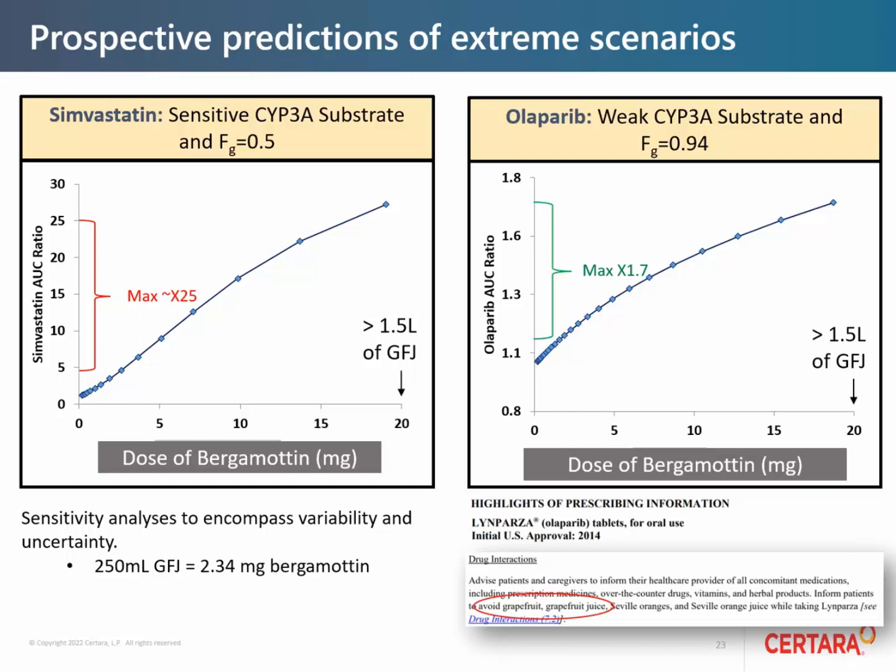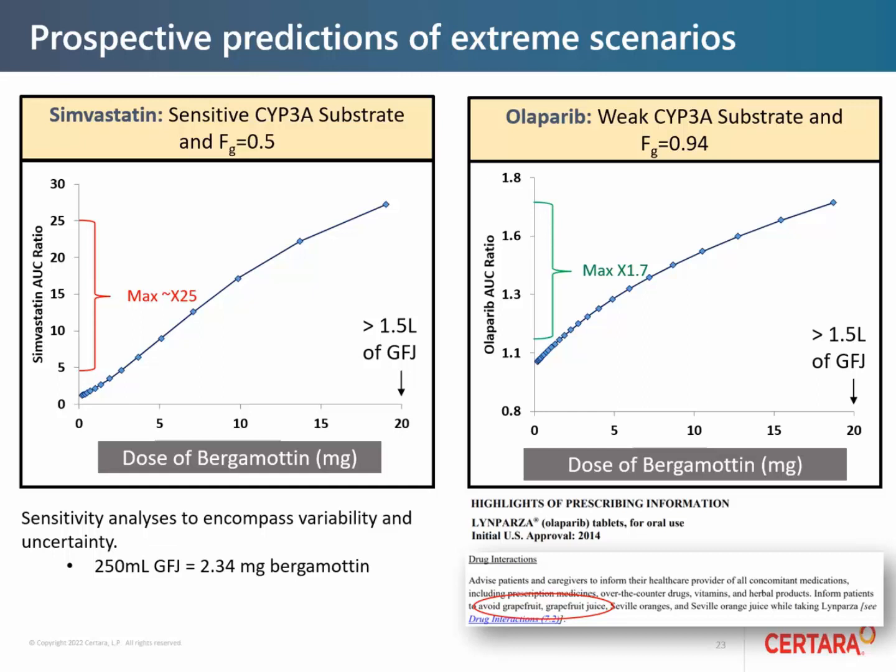Now, simvastatin has extensive gut metabolism, as you can see here, and therefore it was predicted to be much more sensitive to bergamottin compared to olaparib, which has higher gut metabolism escape and therefore was selected as a less sensitive substrate for bergamottin-perpetrated effects.